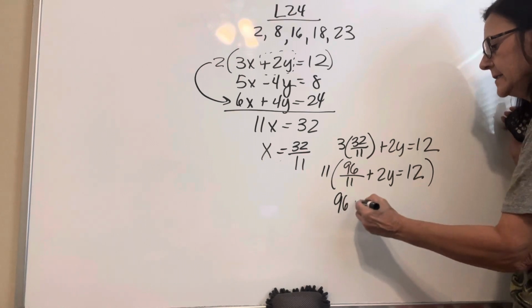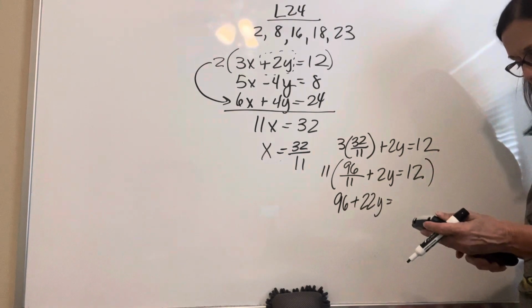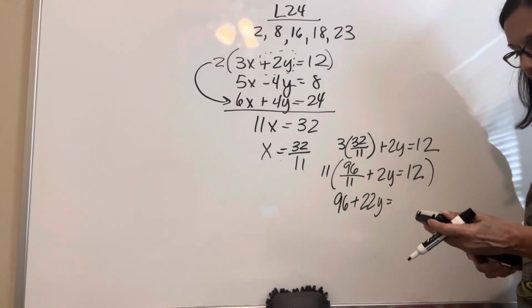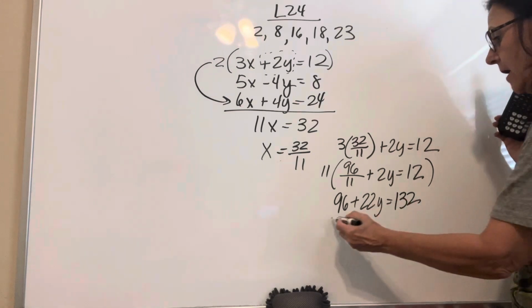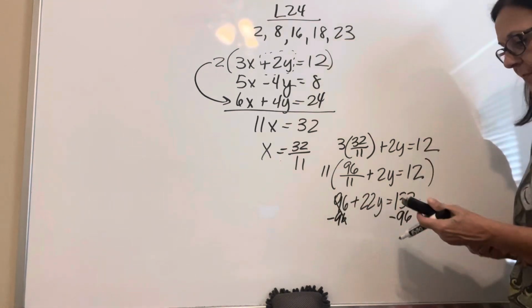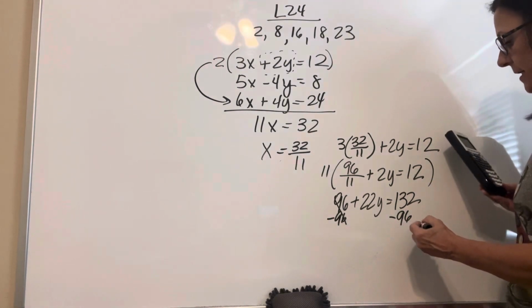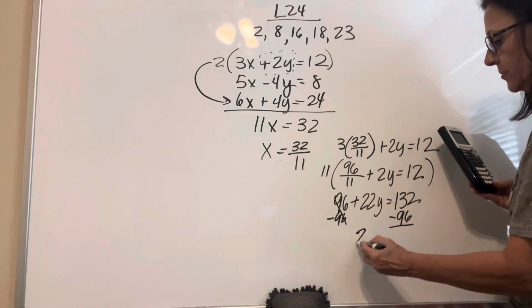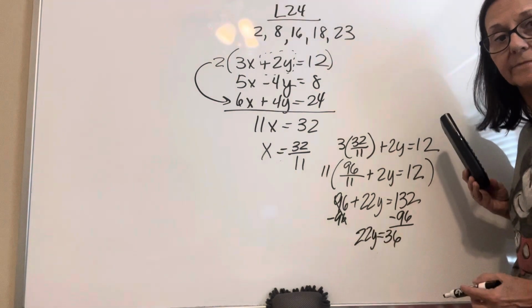So I end up with 96 plus 22y equals 12 times 11 is 132. I'll subtract the 96 on both sides. 132 minus 96 is 36. So I end up with 22y is 36.